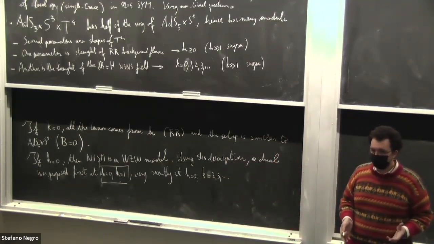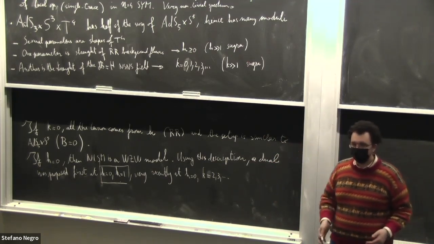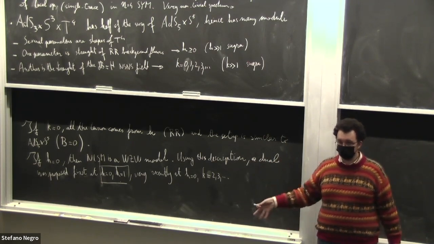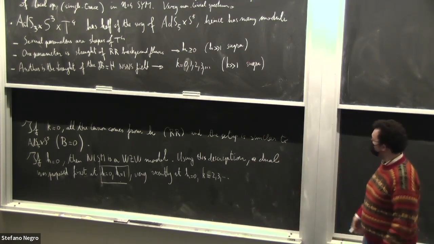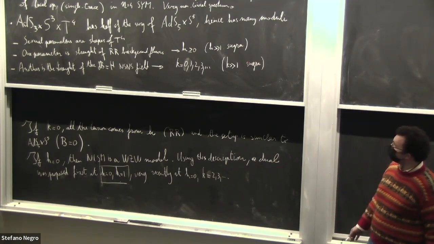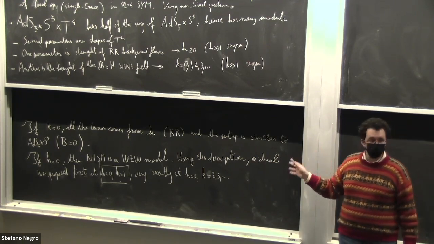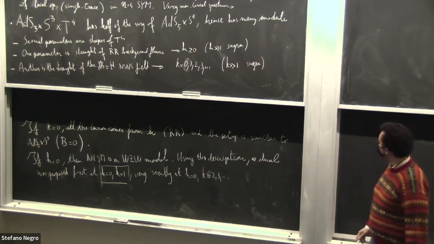Exactly like AdS5 cross S5 is an integrable model as a classical field theory. And the question is whether you can study this as a quantum integrable model and use this knowledge to basically work out the spectrum exactly as it was done in AdS5 cross S5. So this is what I want to tell you about in the remainder of the talk.